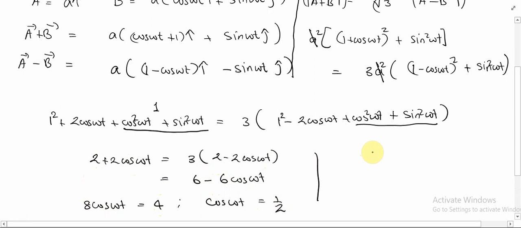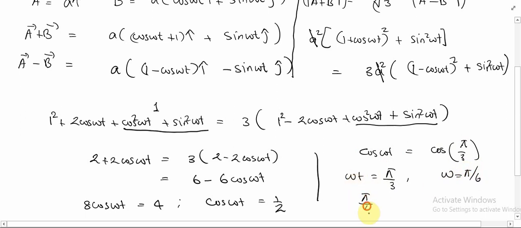We know that cos omega t is 1 by 2, so you can write cos omega t is equal to cos pi by 3. 60 degrees is pi by 3, so omega t is equal to pi by 3, and in the question it is given that omega is equal to pi by 6, so substituting that here you will get pi by 6 t is equal to pi by 3. We can cancel the pi's and the 3, okay, so you will get t, or tau, is equal to 2 seconds.